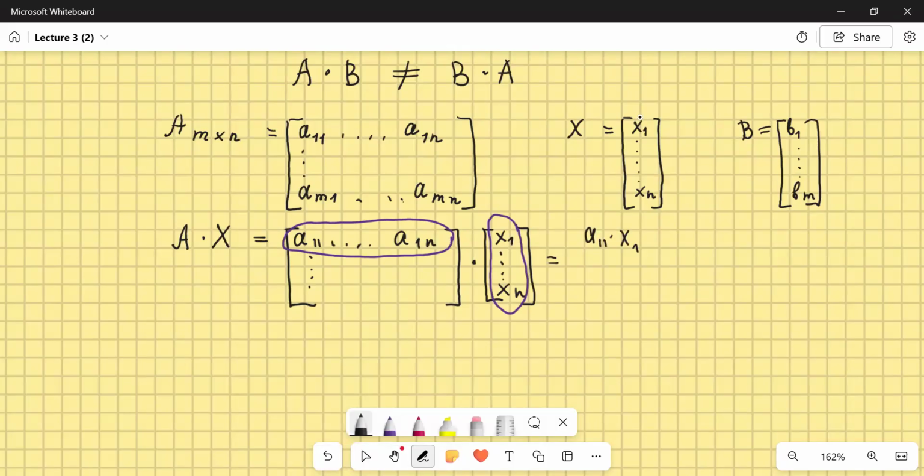And I did not write here element a12, but let's imagine that we have a12 multiplied by element x2. And it's going to continue until you reach the very last element, a1n multiplied by xn.